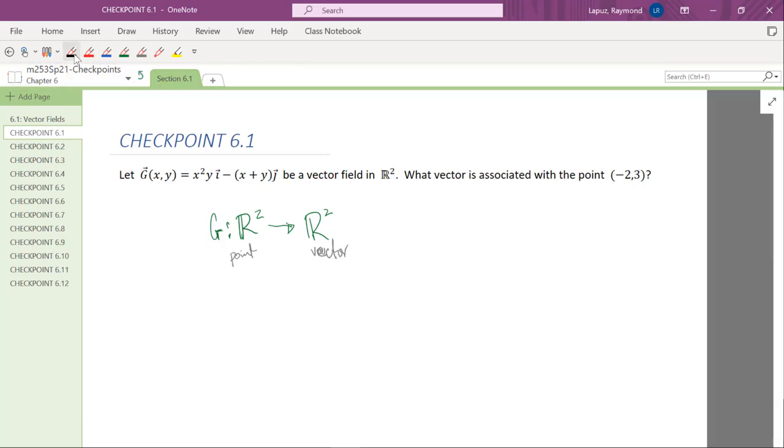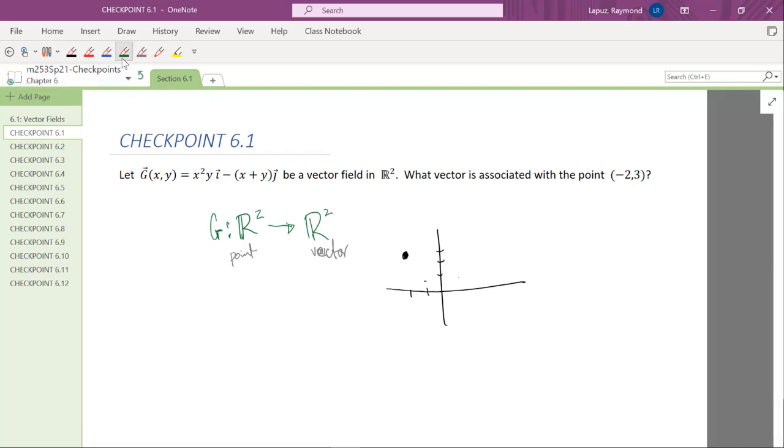And so somewhere along the graph of this would have a bunch of points that you're going to input. We will consider -2, 3 in particular as the point of input.